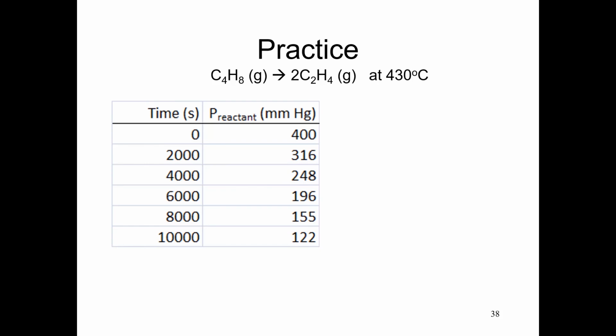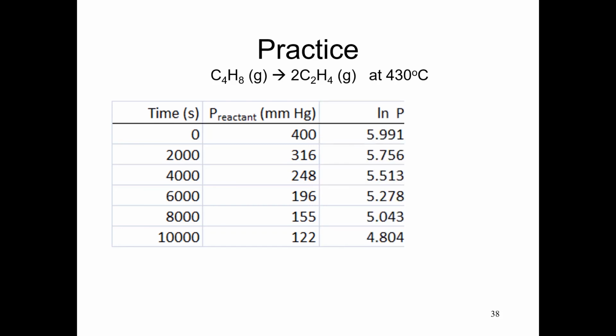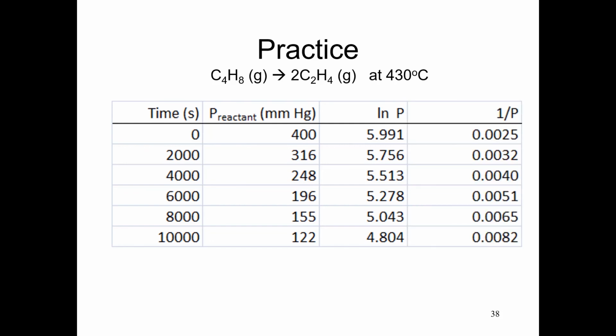So we're going to need to graph the natural logarithm of the pressure versus time, so we can test for first order, and the reciprocal of the pressure versus time, so we can test for second order. In the next set of columns, I have first taken the natural logarithm of the pressure for each of those values, and in the next one, the reciprocal of the pressure for each of those numbers.